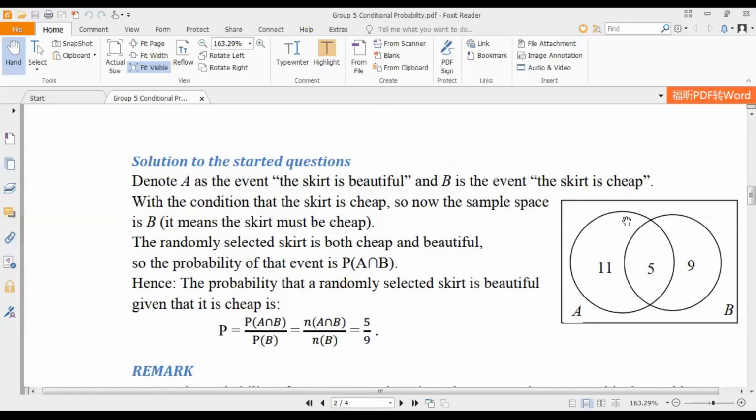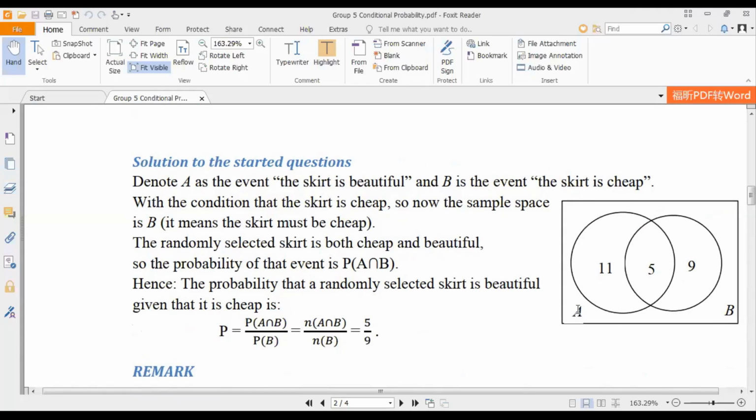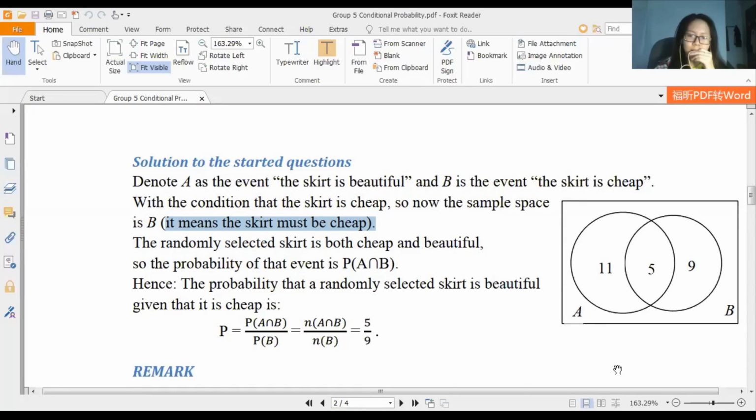We will use the Venn diagram that Vanang has drawn before, and denote A as the event that the skirt is beautiful here, and the event B is the event that the skirt is cheap, and with the condition that the skirt is cheap, now the sample space is B. It means that the skirt must be cheap. You understand? Okay, good.